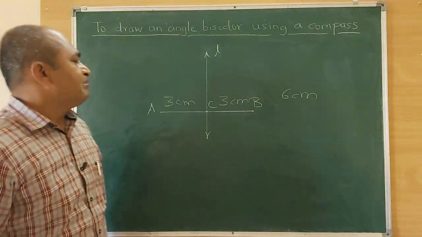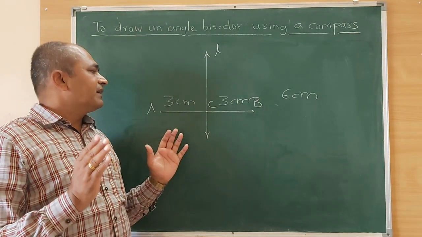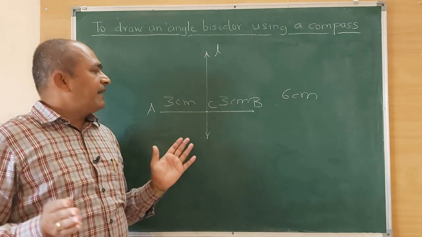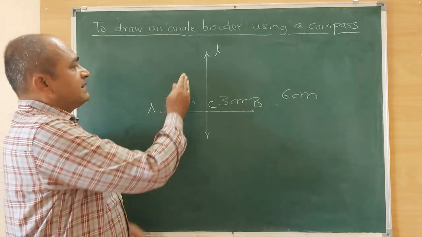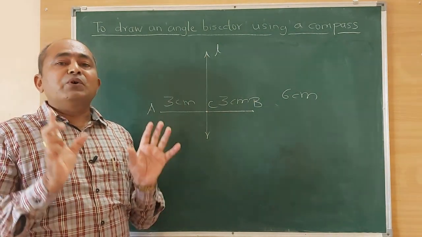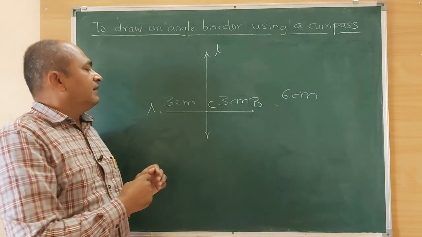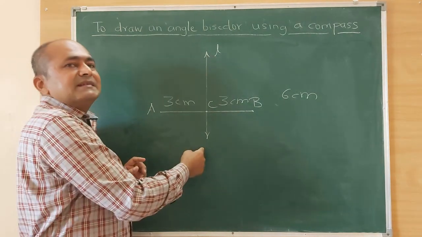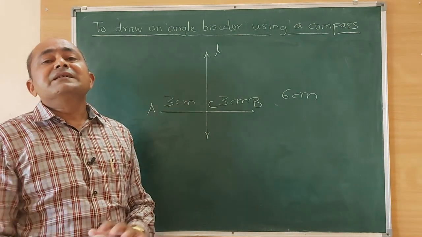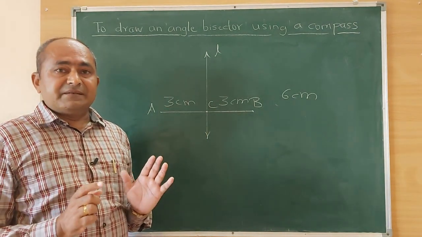So any geometrical figure like a segment or an angle, if it is divided into two equal parts, two congruent parts, that line or a line segment or a ray is called a bisector.